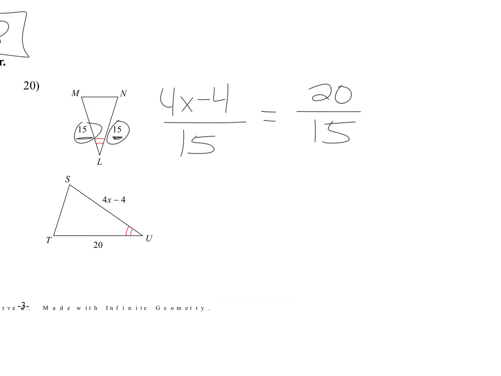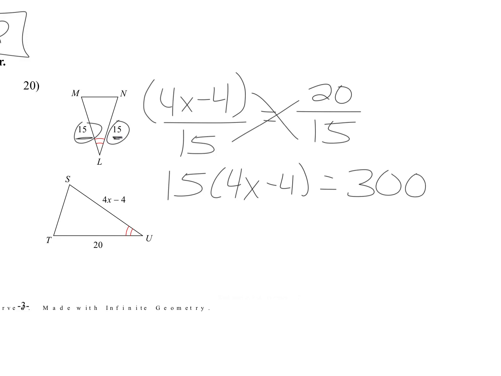Okay, how do I solve this one? Cross multiply. Yep, throw your parentheses in there. So we have 15 times 4x minus 4 equals 15 times 20, 300. Now, when you distribute, do you distribute to one or to both? Both, yep. 15 times 4 is 60, so you get 60x minus 60 equals 300.